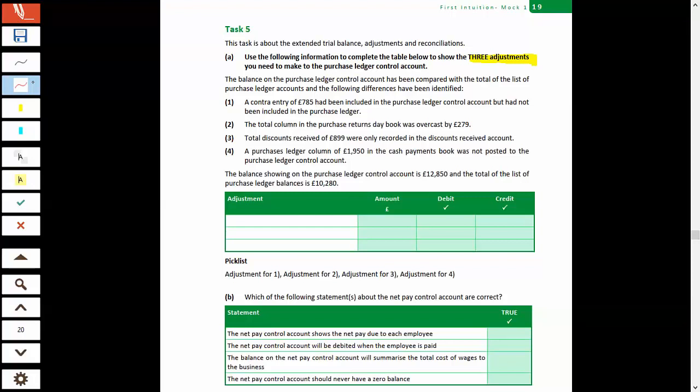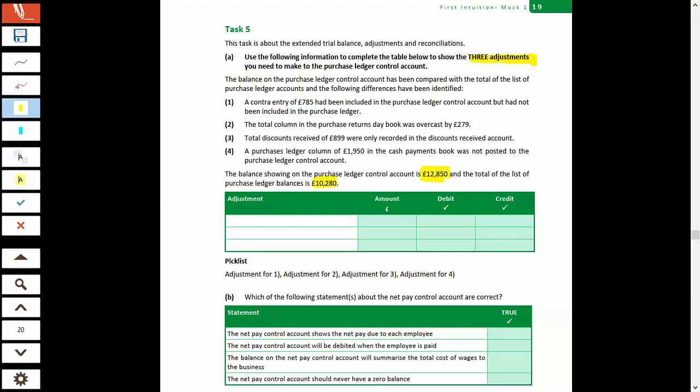And then the final one, number 4, was that a purchase ledger column of £1,950 in the cash payments book was not posted to the purchase ledger control account. We're then told the balance showing on the purchase ledger control account was £12,850 and the total list of purchase ledger balances is £10,020.